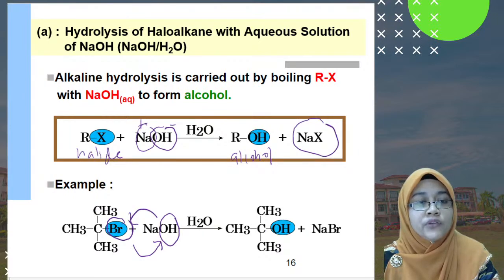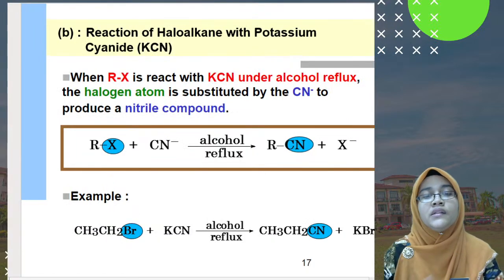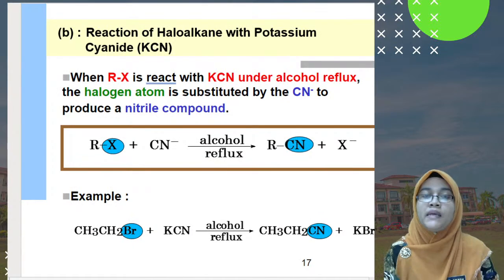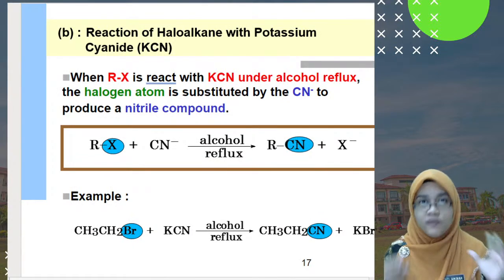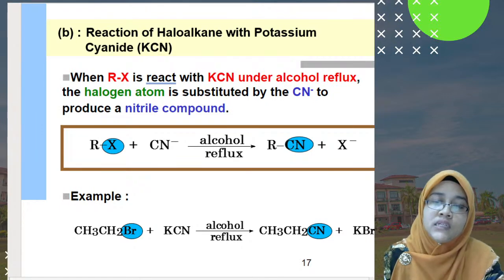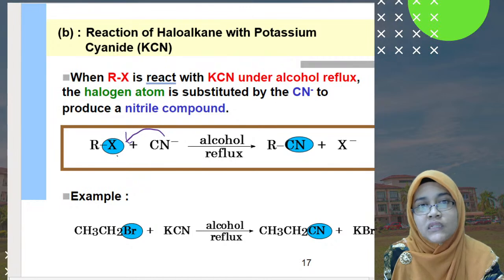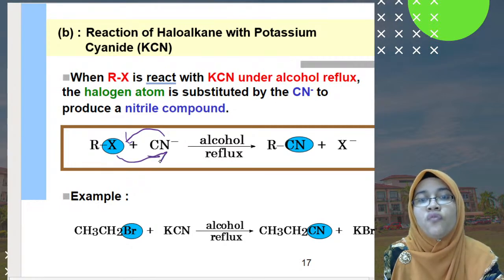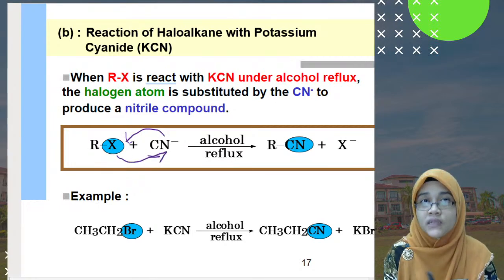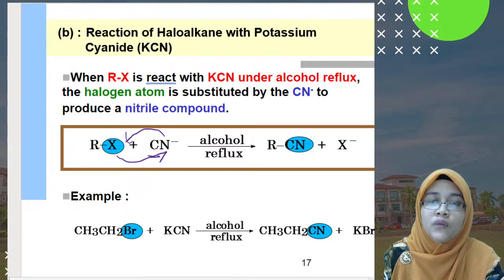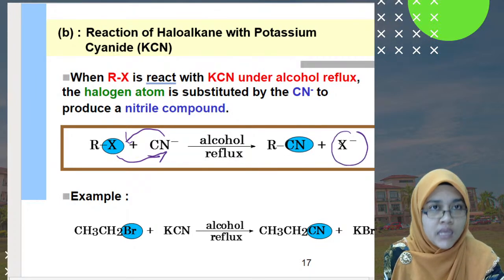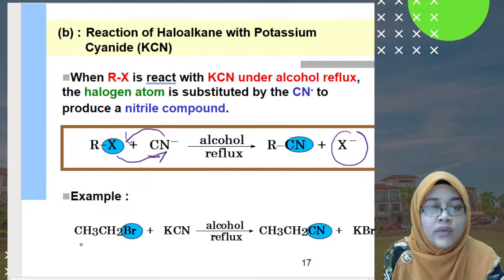Another example is we want to replace with CN minus, a new nucleophile, which is a strong nucleophile. This CN minus will replace the halogen, and this halogen is removed and will break from the alpha carbon. We will form a new product with cyanide, and this halogen will be eliminated. So for example here we have 1-bromoethane.